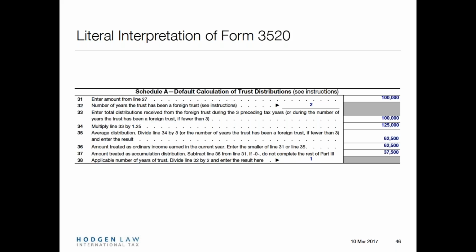But we believe what the form says in the parenthetical, and we do the math and divide by 2, and we have 62,500. Line 36 says treat this 62,500 as ordinary income. Line 37 says treat the rest of it as an accumulation distribution.